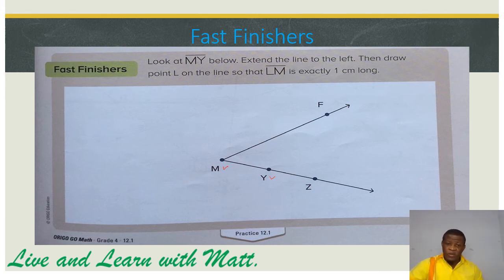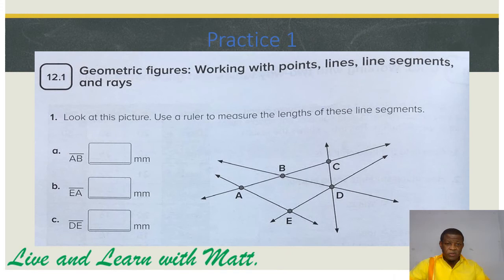That means we're going to extend it to the left. Then draw point L on the line so that LM is exactly 1 centimeter long. So we're going to draw a line like this and measure it. Now we're going to measure starting from M, measure 1 centimeter. Then we're going to put the point there.